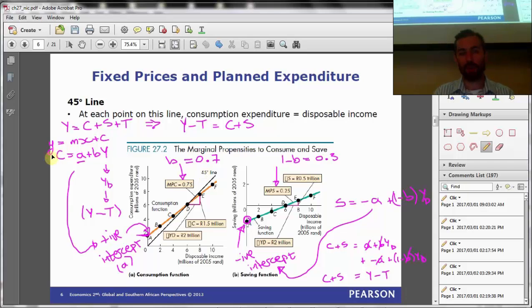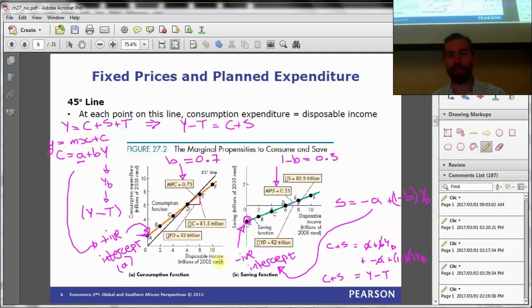If we now plot this consumption function, C equals A plus BY, and for now we're going to let Y equal YD. In other words, the component of consumption that we're interested in is disposable, so after taxes. Then we can plot our disposable income, which is our X variable, against consumption. Sorry, I said Y variable, X variable.